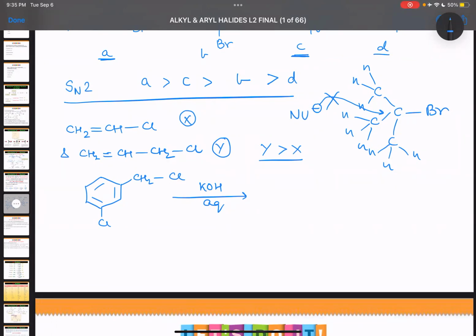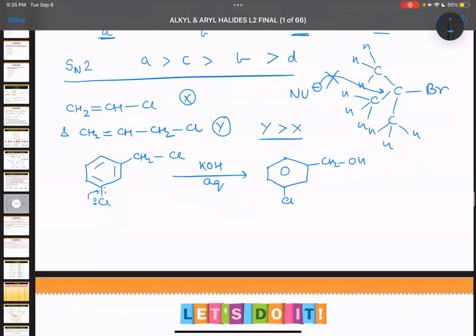Where is it going to happen? At the methyl group, on the benzylic position. Because that is not the Cl, here the Cl is in resonance, so it has double bond character.